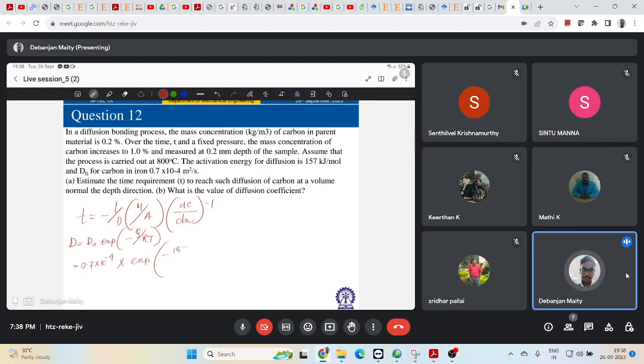Minus 157 into 10 cube, that divided by the universal gas constant, that into 800 degrees C, which is how much Kelvin? 1073. This will be coming in terms of meters square per second, so these all are in SI units. How much is this coming?